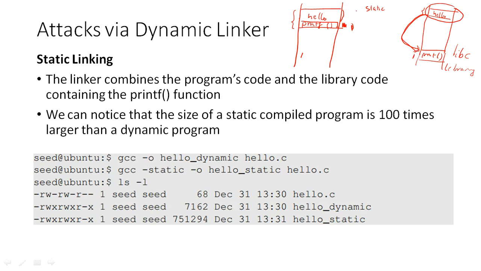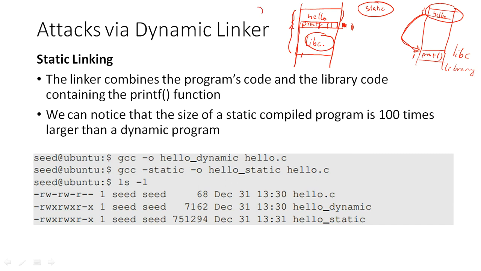Actually, in the static version, hello doesn't only contain the binary code of the printf, but also the binary code of the libc library. So you see that all of libc, when we compile with the static option, will be included in the hello program.